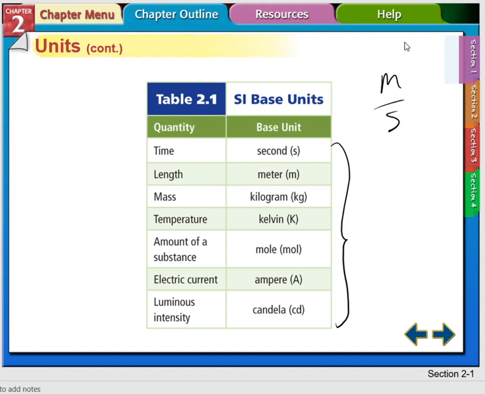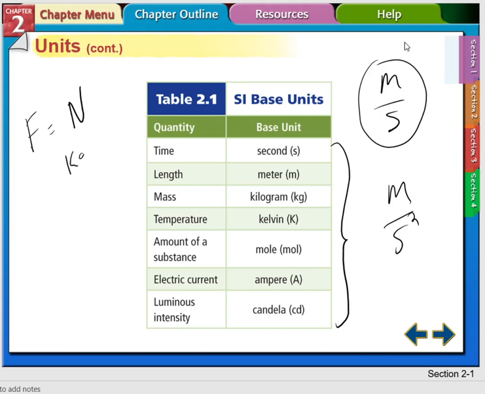That is a derived unit because it uses more than one of these base units. Acceleration we can measure in, say, meters per second squared, and force, we'll use a Newton, but a Newton is actually a kilogram times a meter over second squared. So these are derived units.